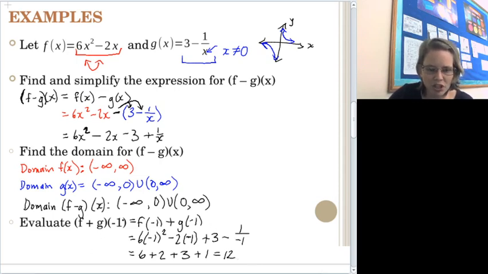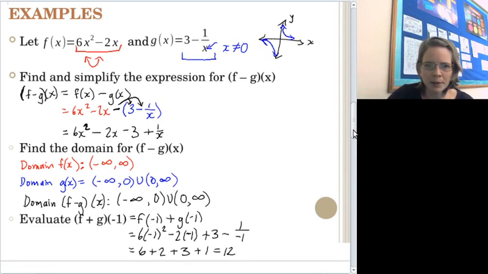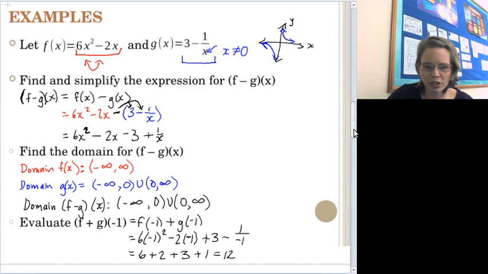So f plus g of negative 1 is 12. So that is adding functions and subtracting functions. We did one example where we just had an x and we came up with a new formula, and the last example where we actually plugged in a number to both f and g and added the results. Pause the video here if you need to write anything down, then we're going on to the next question.